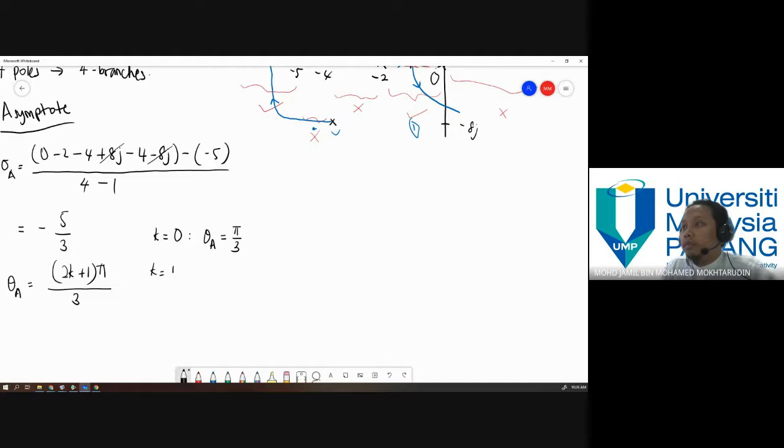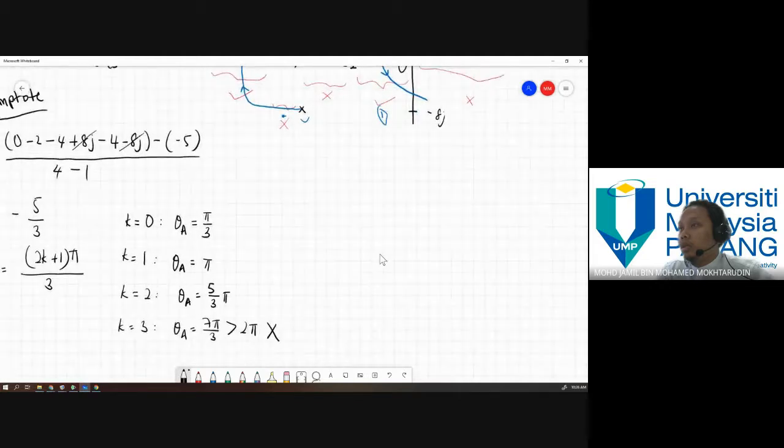K equals 1, theta A equals pi. K equals 2, theta A equals 5/3 pi. K equals 3, theta A 7 pi/3. So this is already exceed 2 pi. So we stop, calculate, and we don't take this as the asymptote.